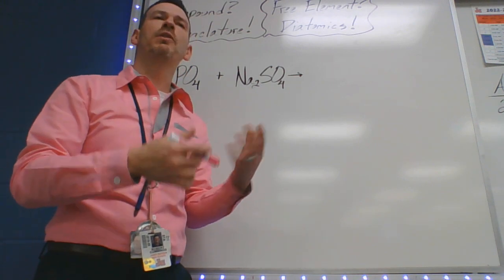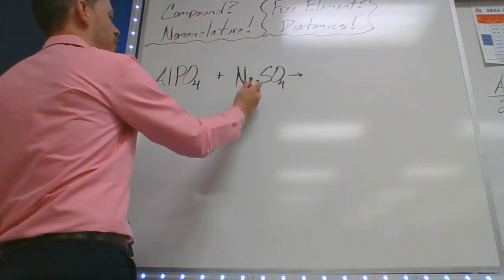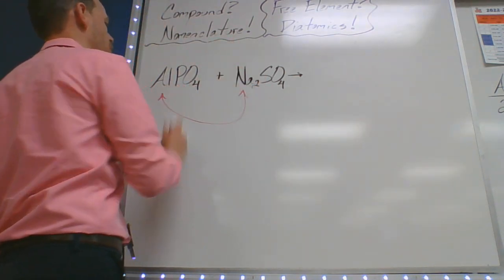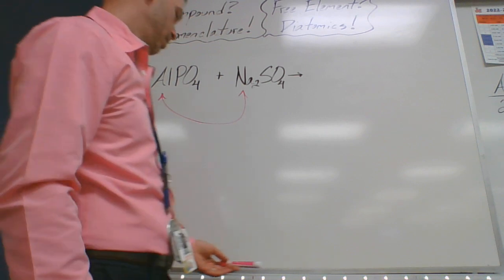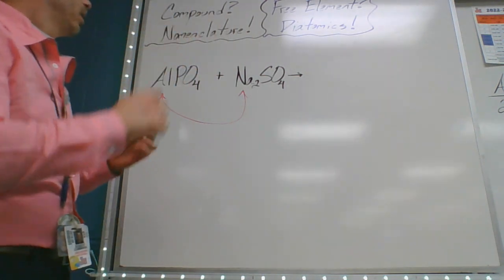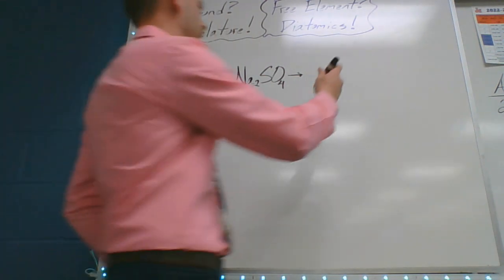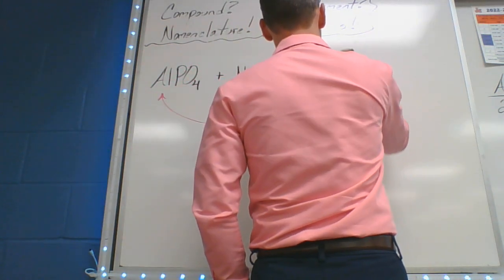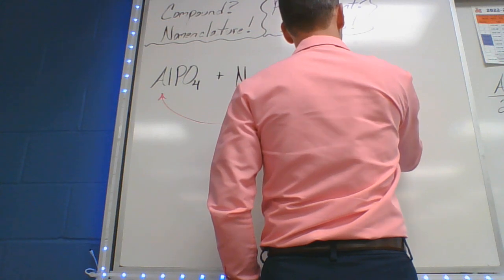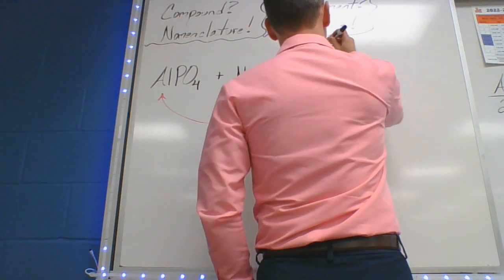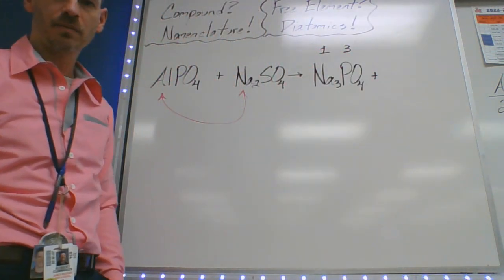So I will go through with my ion swap and solubility. I'm going to switch these two. All right, hopefully you're not having to draw this pink arrow I'm drawing. Just switch the first part. So I want the sodium to come over here with the phosphate. It's +1 -3, so you can see I did a cross.